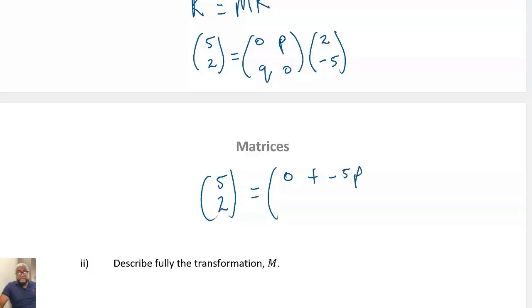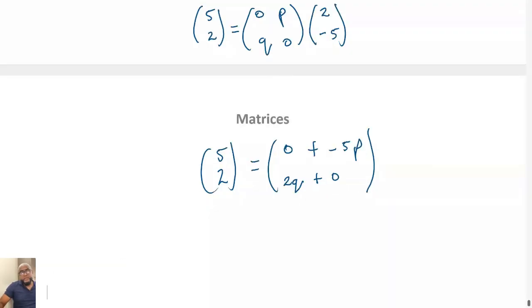Excellent. Then row by column: Q by 2 is? And then 0 by negative 5 would be? Watch how easy this question is. I'm going to put back 5, 2 is equal to negative 5P and 2Q.